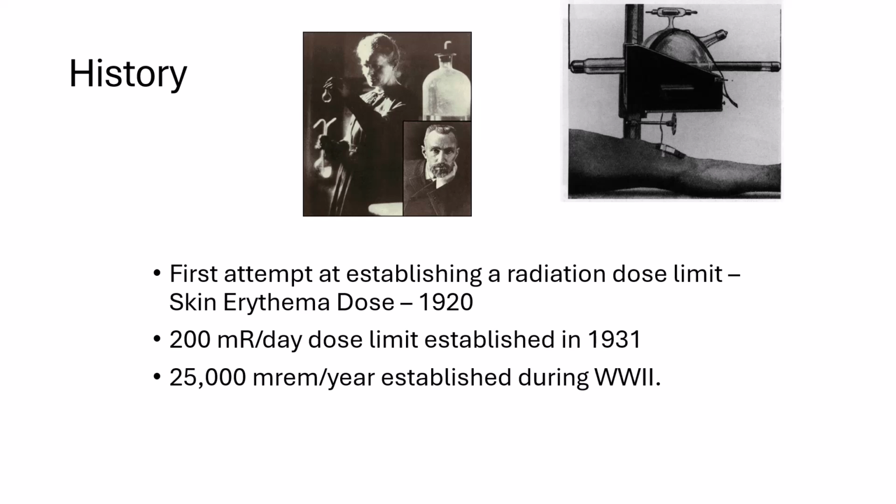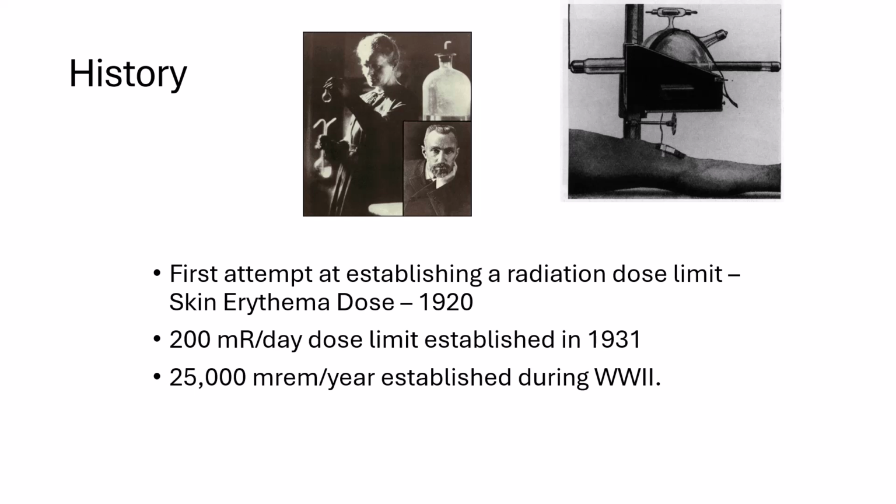As you can see, we were aware of the ionizing radiation's effect on the human body, and we tried to limit the dose over a period of time. The first attempt at establishing a radiation dose limit was to eliminate doses that cause more than skin erythema, or reddening or sunburning of the hands.